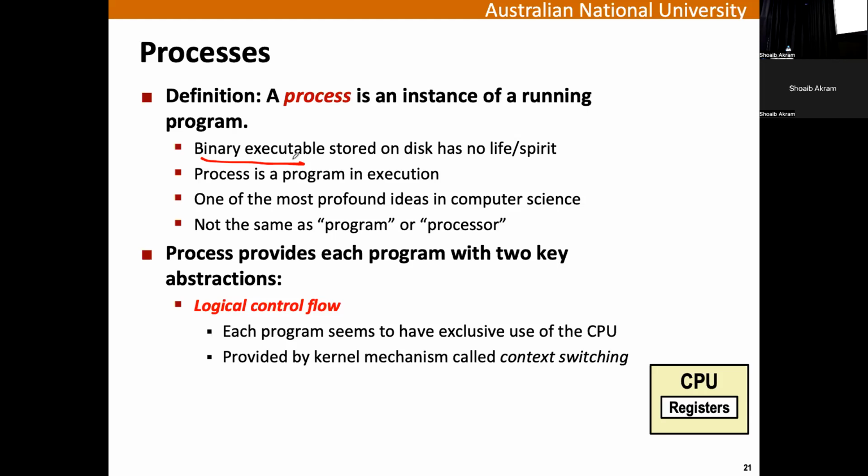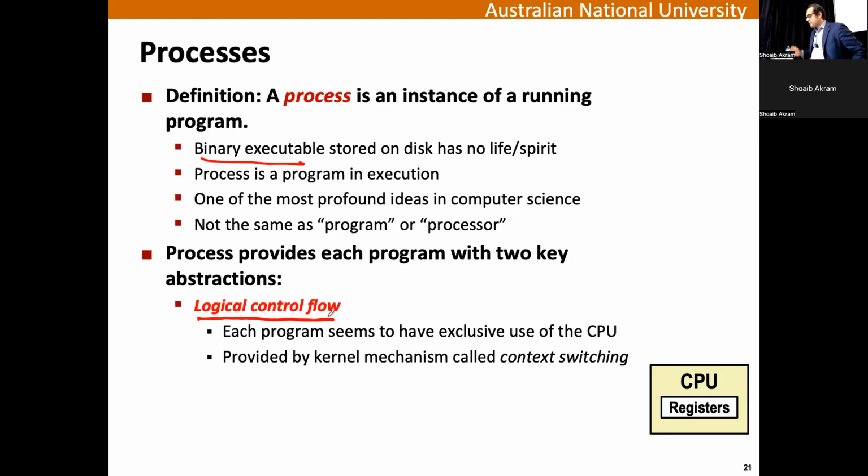I was actually monitoring what is happening inside the processor. What we could do is provide a logical control flow, meaning each program seems to have the exclusive use of the CPU, but from time to time, we switch to a different process. If we have two processes, we give a slice of the CPU to one process, and after a few milliseconds, we give the CPU to a different process. This is called time slicing or multitasking.